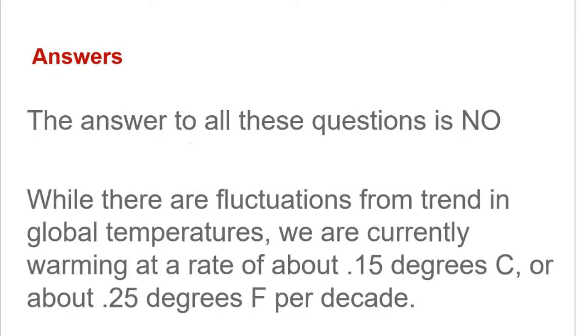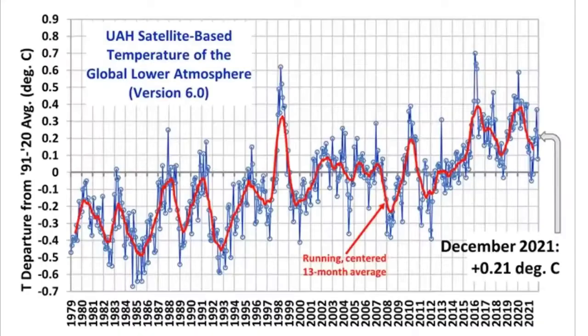But overall, when you look at the data overall, we're currently warming at a rate of about 0.15 of a degree Celsius, or about 1/4 of a degree Fahrenheit per decade. That would mean about 1 degree Fahrenheit in 40 years. That's the current trend. Now, why use parts of the data when you can use it all?